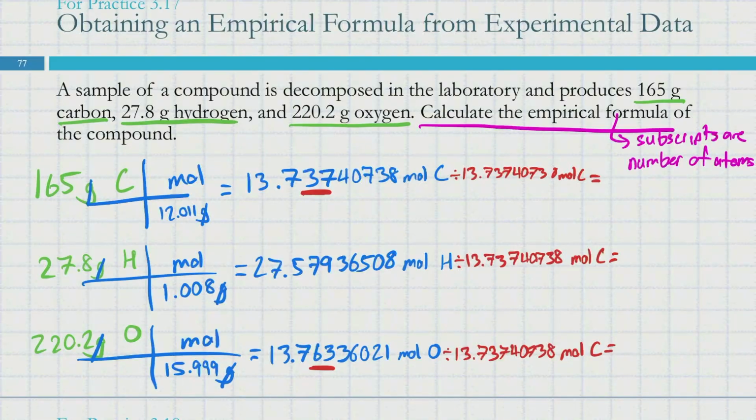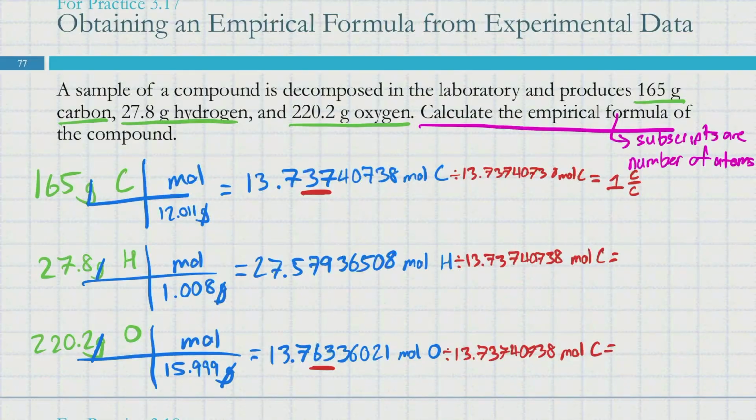The top one, we're dividing it by itself, so that one's absolutely free. 1, and the units, the moles, cancel. Moles carbon, moles carbon. What this tells us is very profound. We have 1 carbon for every carbon. Very profound. I'm joking, it's not profound, I just think it's funny.